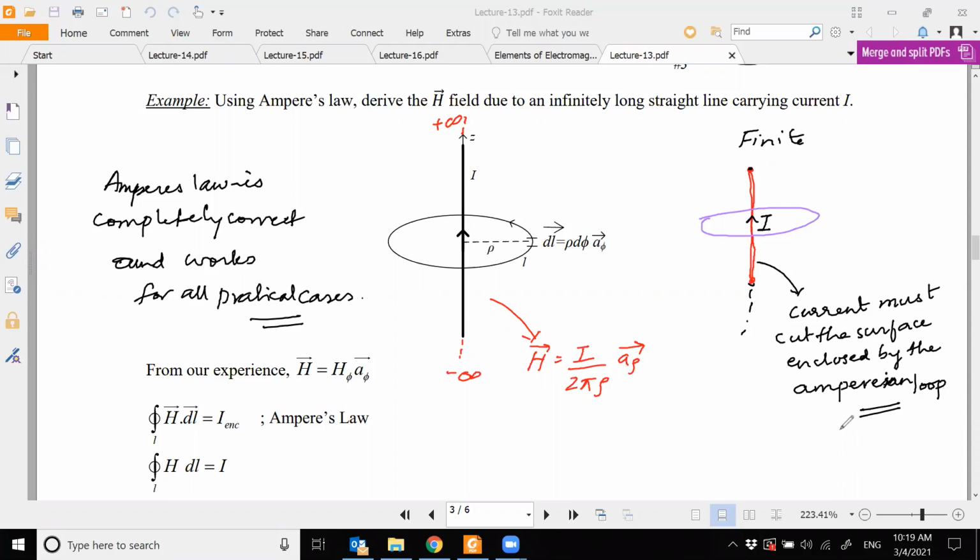This is very, very important. This is how Ampere's law is applicable.